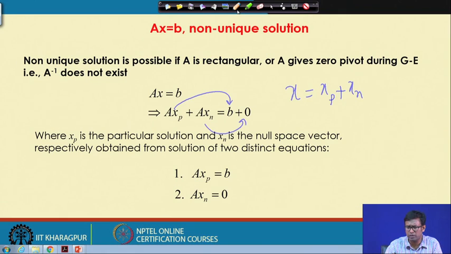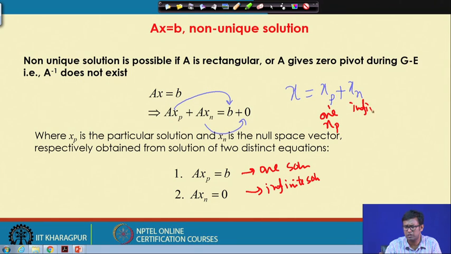So, this will give me one solution, and this will give me infinite solutions. There is one xp and infinite xn, all belonging to the null space of A. Therefore, as x we will get infinite solutions.